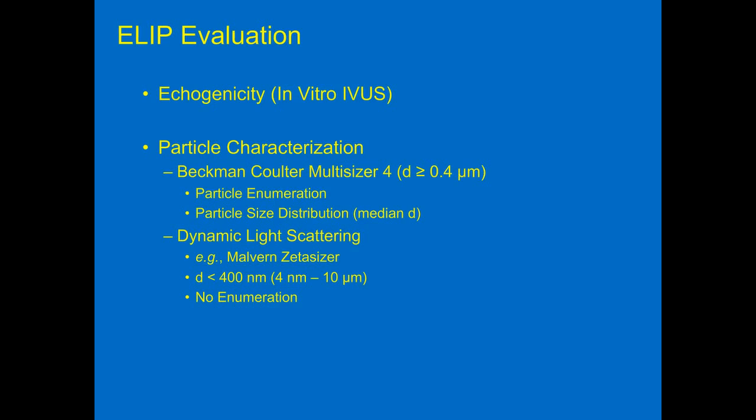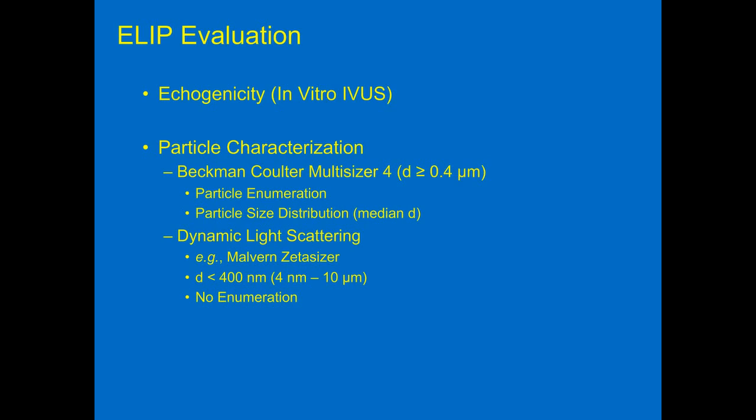This is very important in terms of the kind of parameters we're looking at. And then there's the particle size distribution. Of course, I'll show you these. We use the median diameter rather than the mean diameter of a number distribution, and I'll get into why we do that.